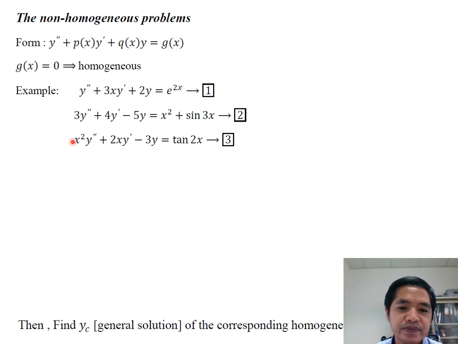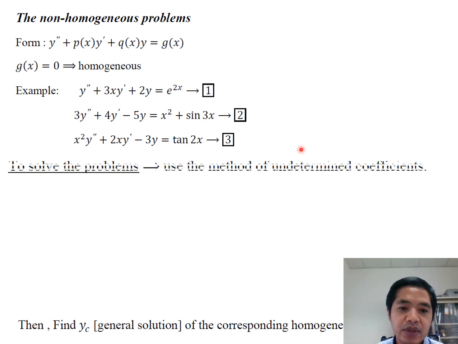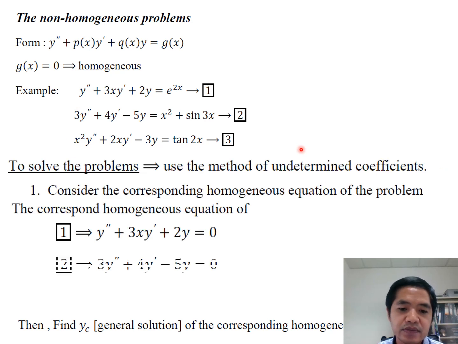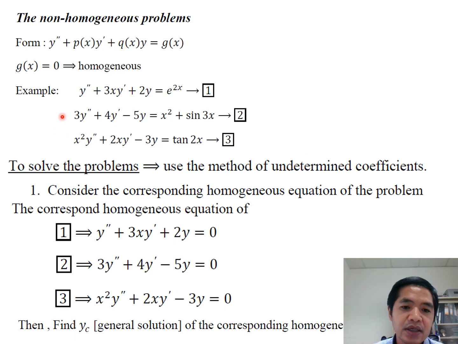For example, like these three equations. In the first equation, y double prime plus 3x y prime plus 2y equals e to the 2x. The g(x) here is equal to e to the 2x, so in this case, it's a non-homogeneous equation.